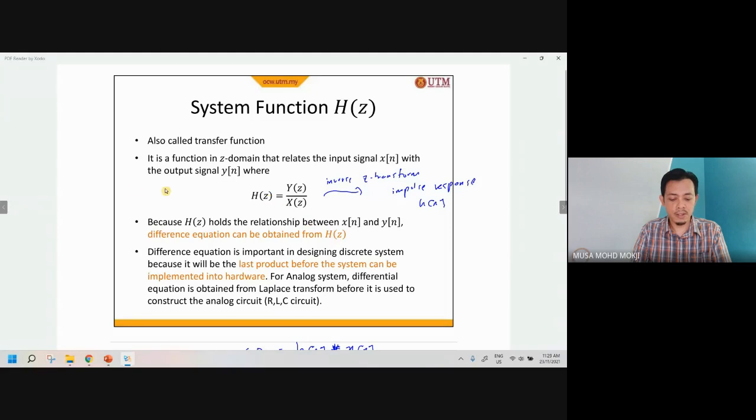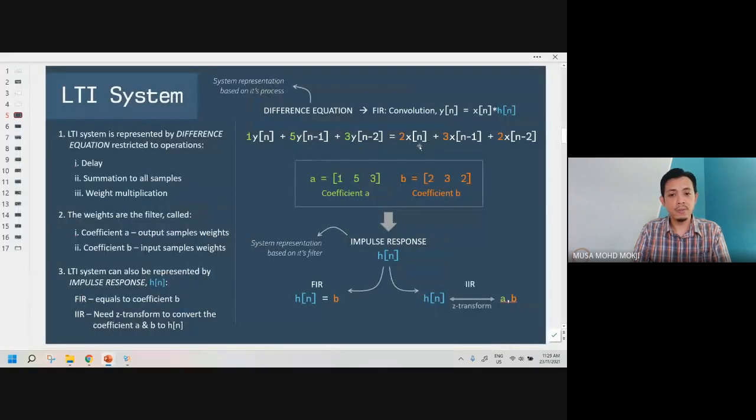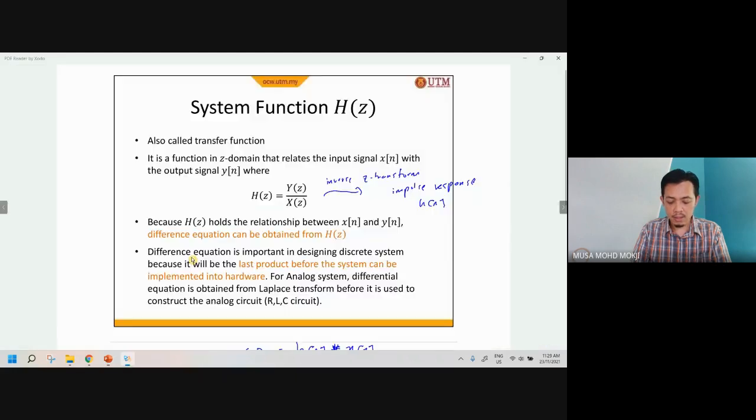What is the similarity between H(z), Y(z) divided by X(z), and a difference equation? Both relate input and output. This one relates input and output in the time domain, and this one relates them in the Z domain. So we can use this to convert between impulse response and difference equation.